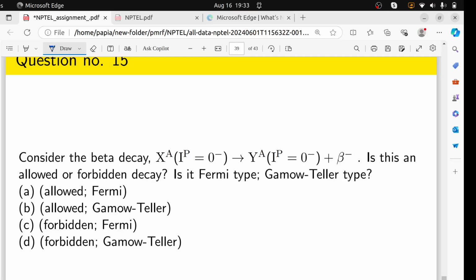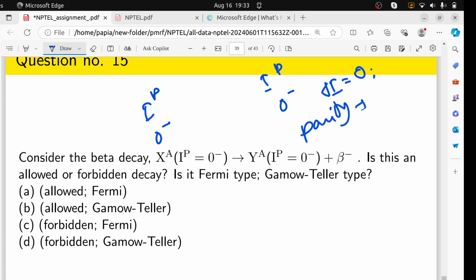So maybe Iπ was 0 minus, Iπ was 0 minus. So delta I is 0. Parity is negative, so parity is no change. Now see the table again: delta I is 0 and parity no change.